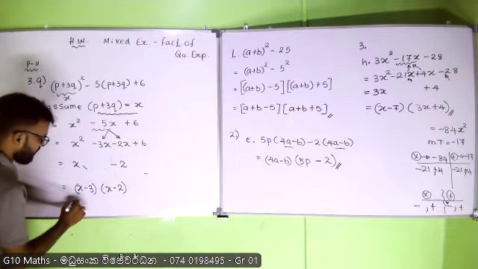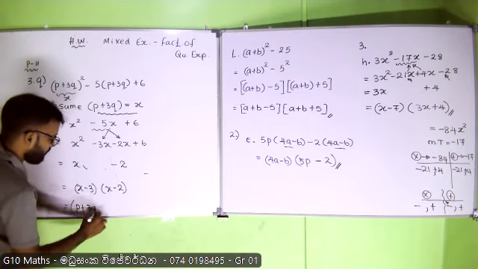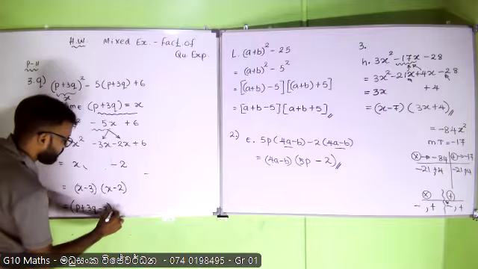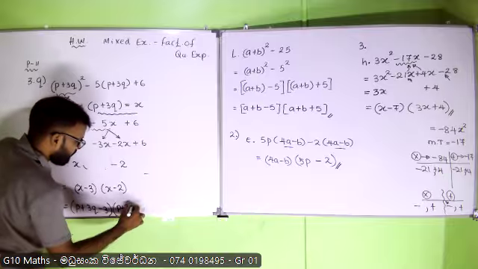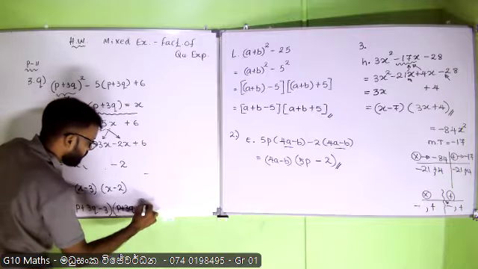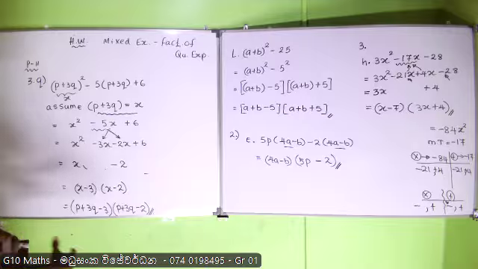So instead of x, I am substituting: p plus 3q minus 3, and p plus 3q minus 2. So this should be your final answer.